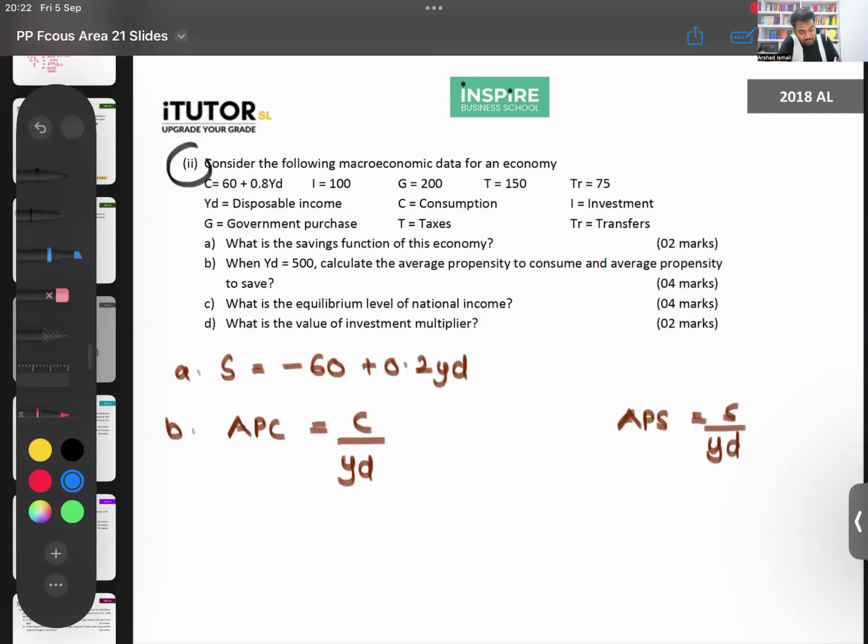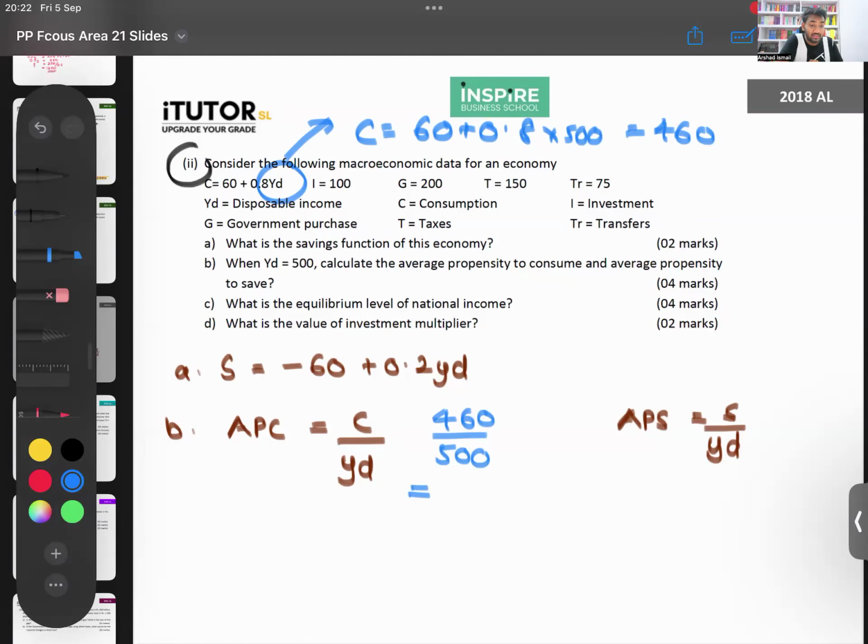So when income is 500, how much is my consumption? 60 plus 0.8 into 500. How much do I get? 460. So my consumption is 460. Income is 500. How much is my APC then?